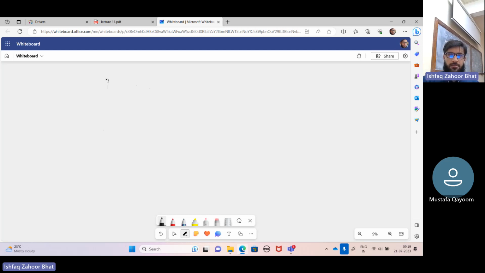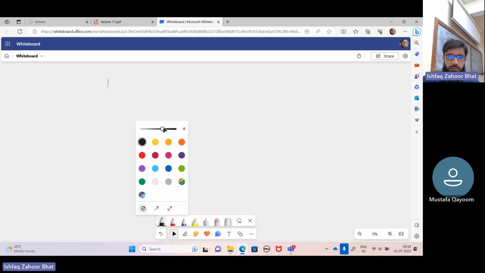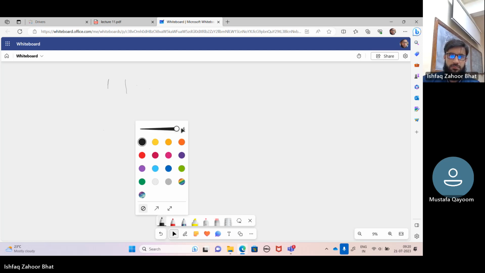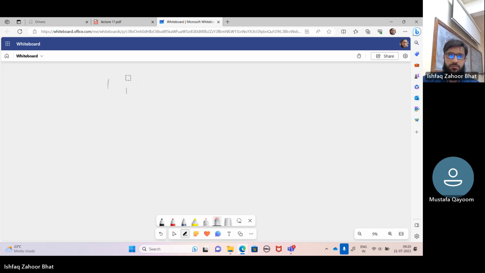So this is a spring, and this is the mass connected.